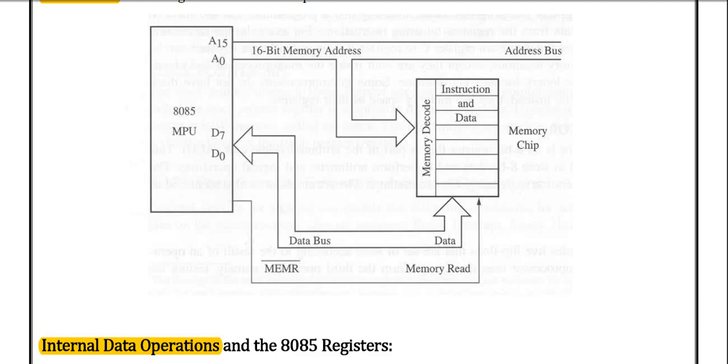Then the address bus sends the address of the location in the memory chip. Here we have the instructions and data, and finally by the data bus the data is transferred to the MPU. That is how the microprocessor reads data.